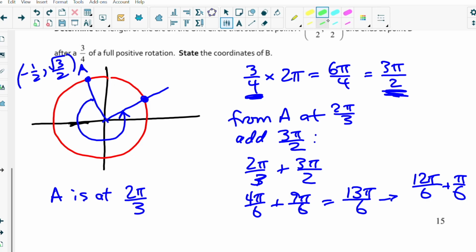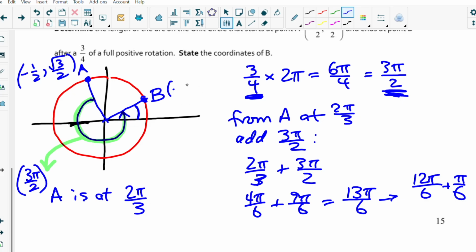Okay, so this amount is 3 pi over 2. Okay, that's how much we added, and then we end up at point B. We end up at point B, folks, which is, if this is pi over 6, this is pi over 6 right here, right?